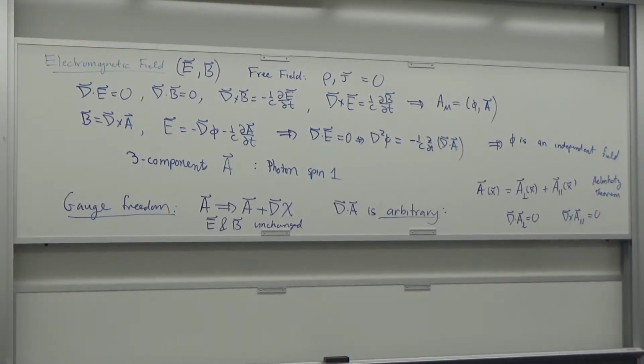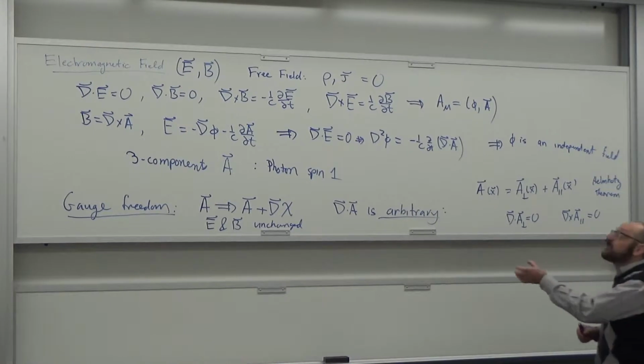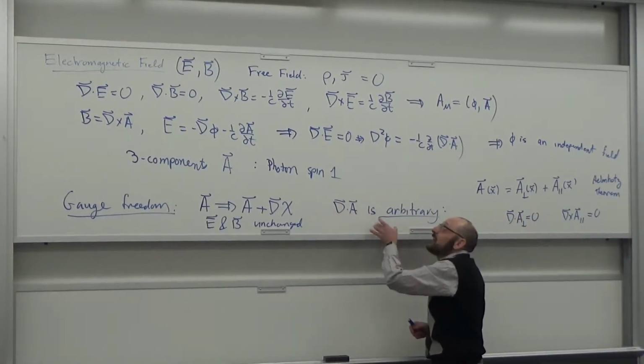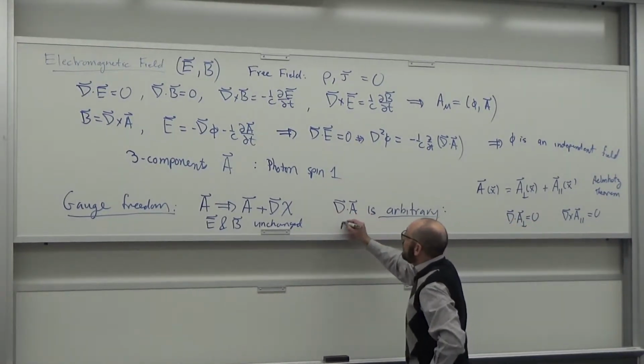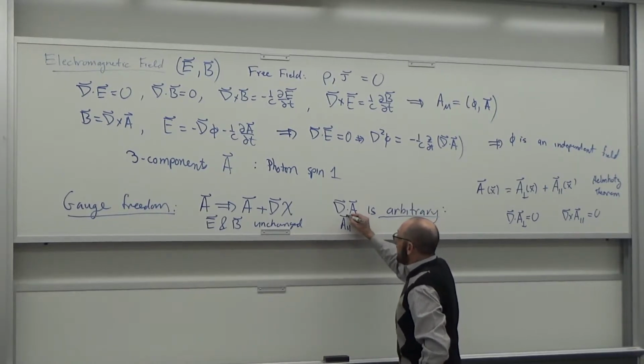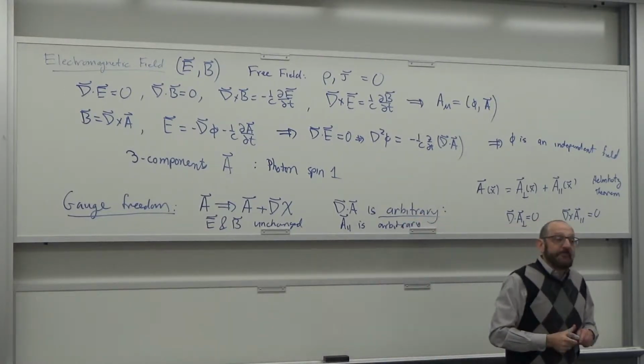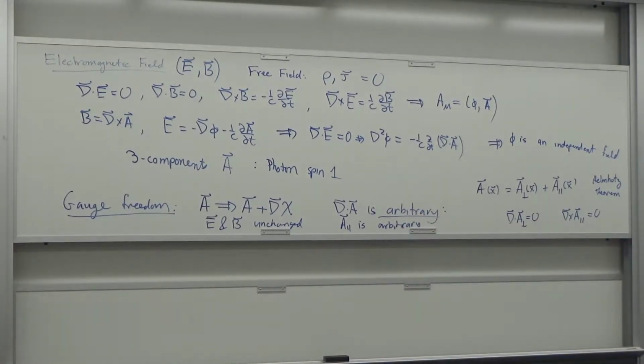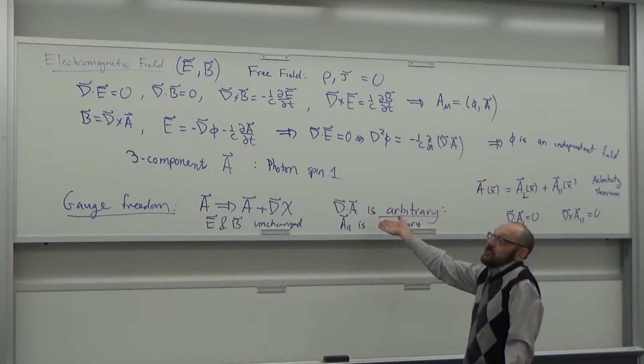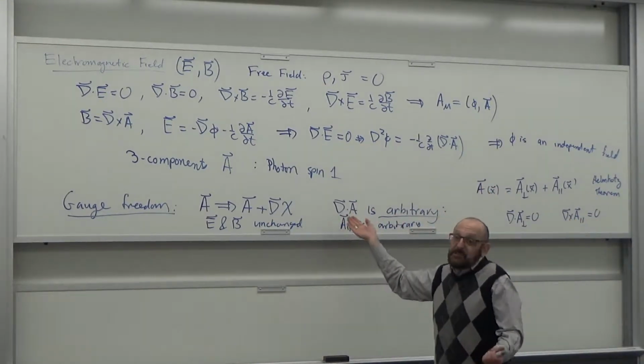And so the longitudinal part of A, the part that doesn't have 0 divergence, is irrelevant. This is arbitrary. I can choose that any way I like without affecting the electromagnetic theory.